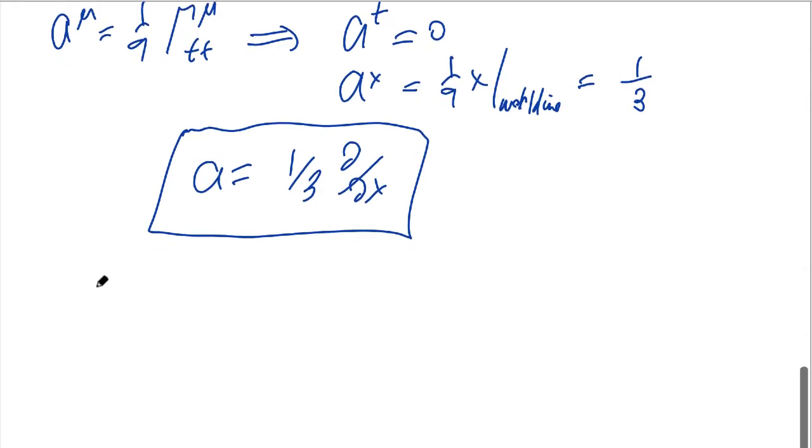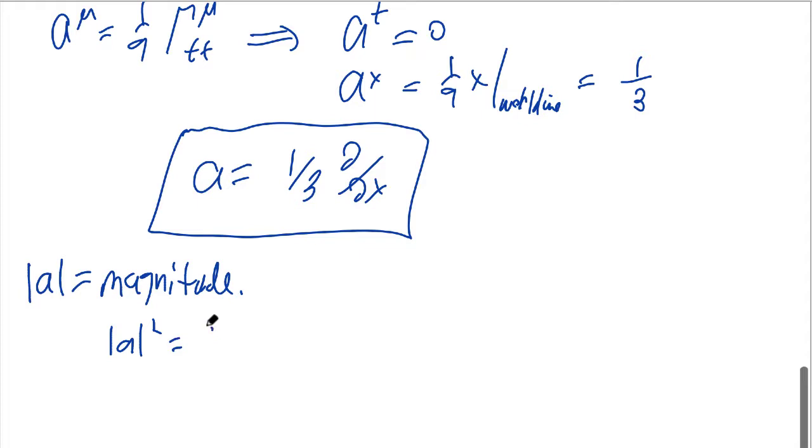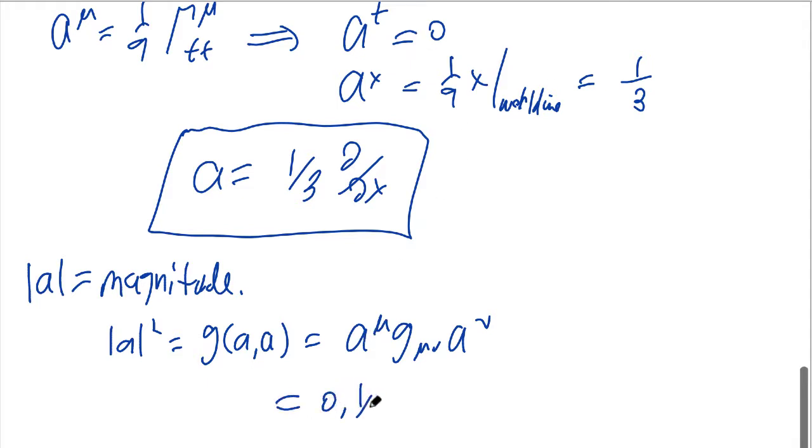Let's compute the magnitude of A, denoted this way. The square of the magnitude is just the inner product of A with itself. So in terms of components, that's A mu, G mu nu, A nu. And we know the components of A are 0 and 1/3. The components of the metric are minus x squared, but along the world line x is 3, so minus x squared is minus 9.